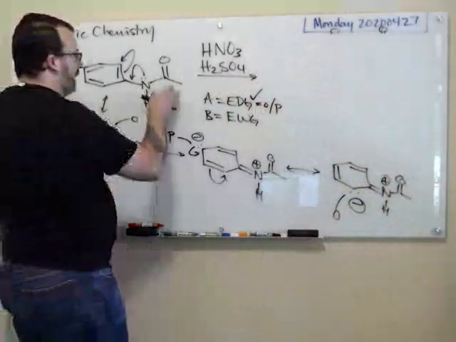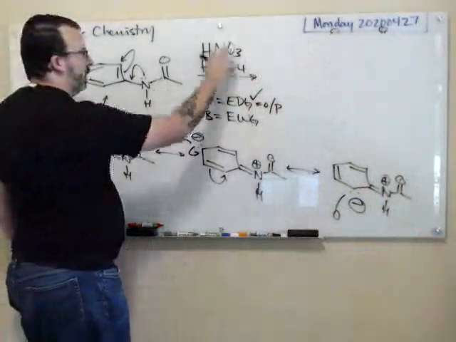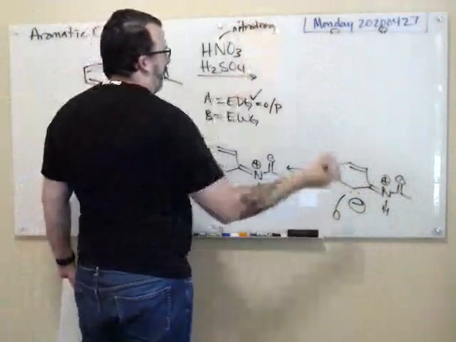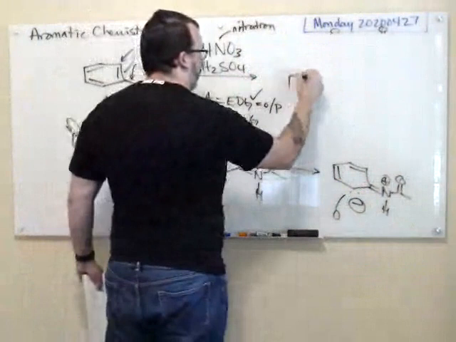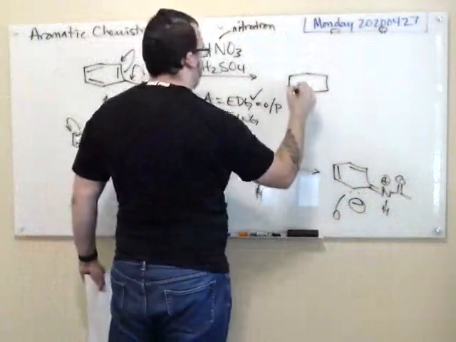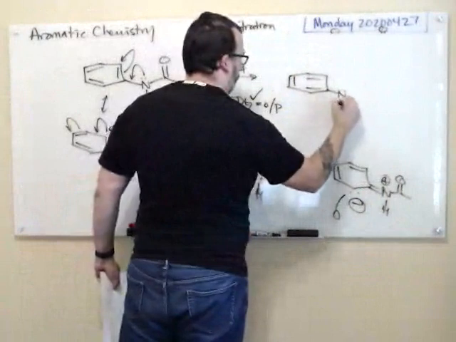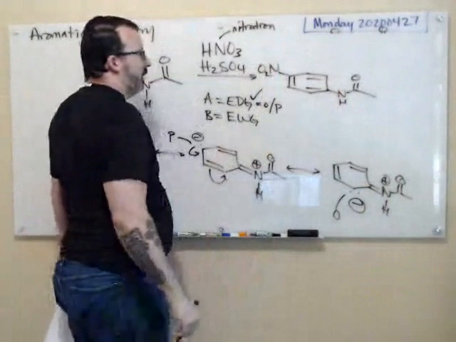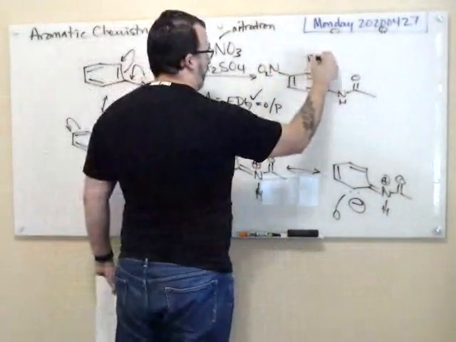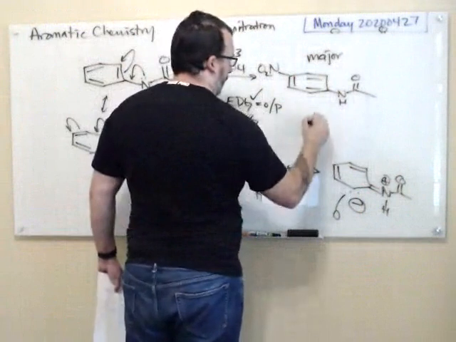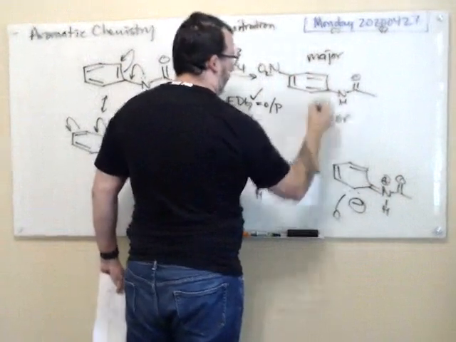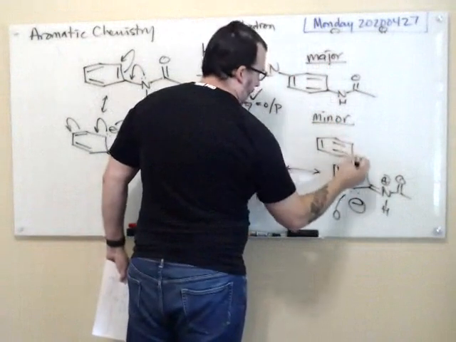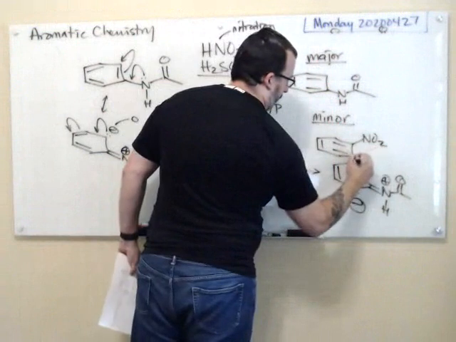So we've classified the substituent as electron donating, and we know these conditions are nitration, so we're going to get a product distribution. There's the para product, and this will be the major. The minor product will have the substitution taking place ortho.